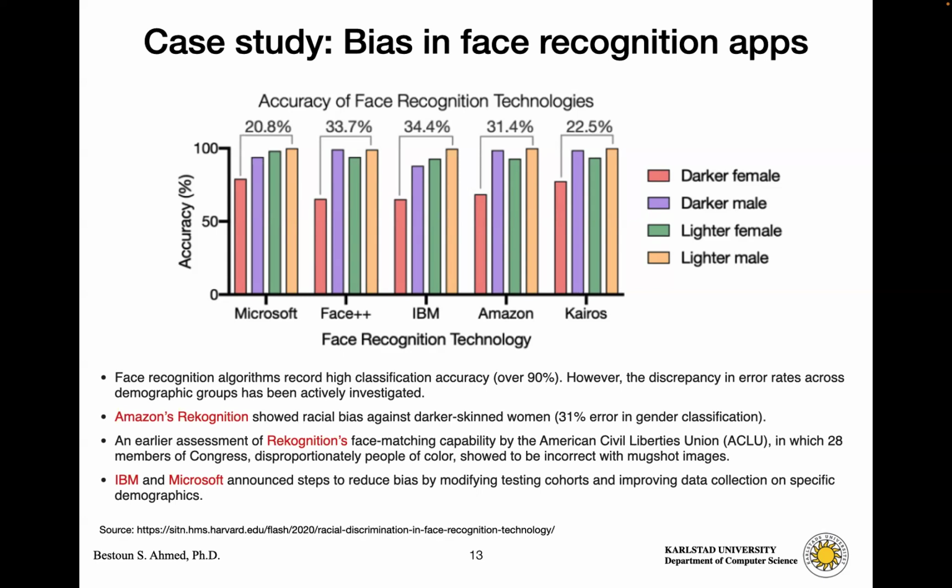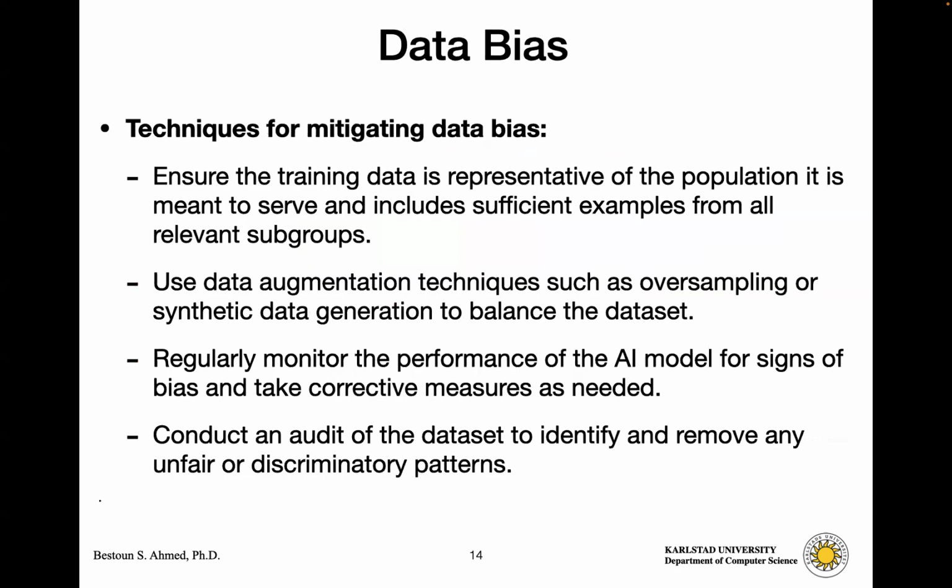You can see that darker-skinned females always get lower accuracy with many models. Maybe the Microsoft model is slightly better, but there are IBM and Microsoft, and Microsoft is actually giving better decisions. There are many case studies about that on the internet.